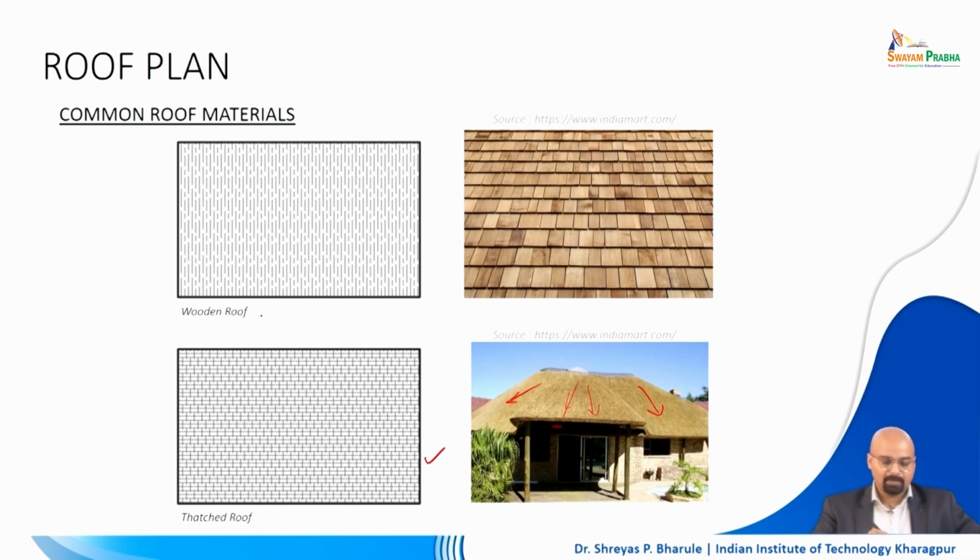Along with that, you have wooden shingle roofs as well. You can do pieces of wood. Sometimes these are also done in pieces of slate. Slate is a stone that comes as wafers; it is a layered, sedimentary stone. So, you can use slate shingles.